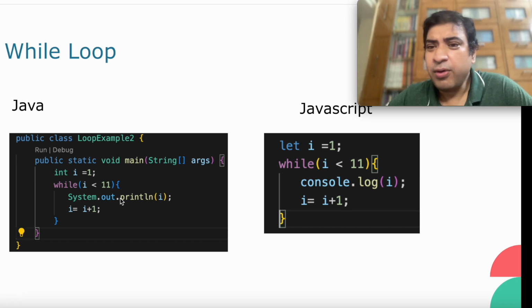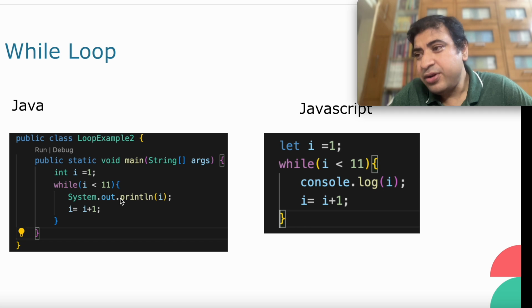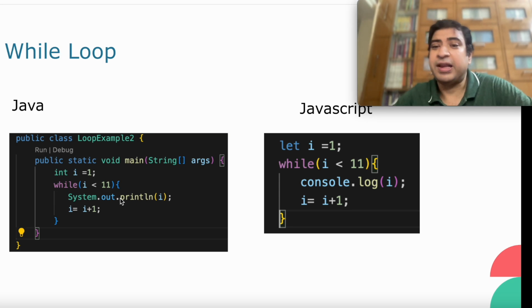So while loop and for loop are basically interchangeably used, and it's often a matter of taste, I would say. There are hardly any practical differences between the while loop or the for loop. Normally, people tend to use while loop when the end conditions are not very well known in advance, or when they actually want to have more flexibility.